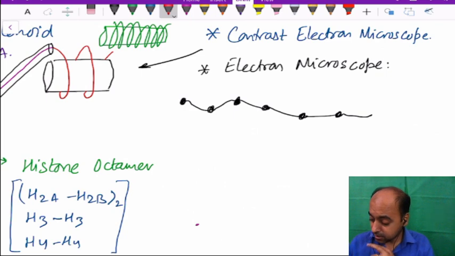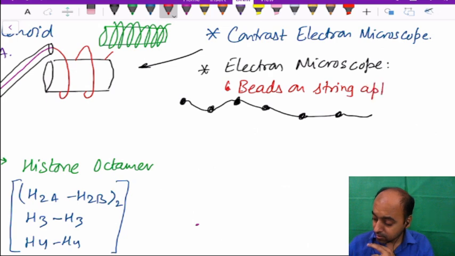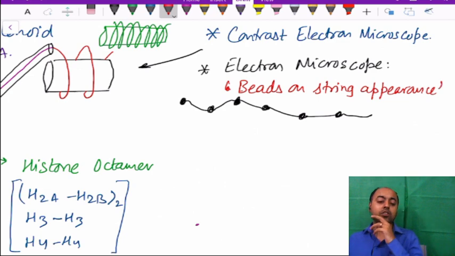This is described as the beads on string appearance. So under the regular electron microscope, we see the beads on string appearance of the DNA, whereas under the contrast electron microscope, we see the nucleosomal features.